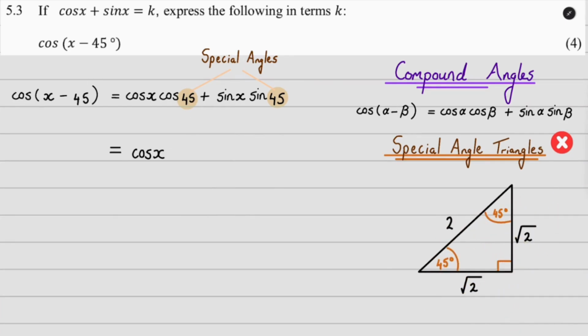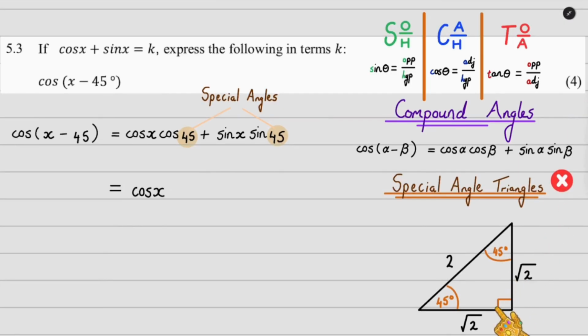So let's grab SOHCAHTOA quickly. So if I'm using 45 as my reference angle, cos is adjacent over hypotenuse. So adjacent to this 45 is root 2, and the hypotenuse is 2. So cos of 45 just changes to root 2 over 2 like this.